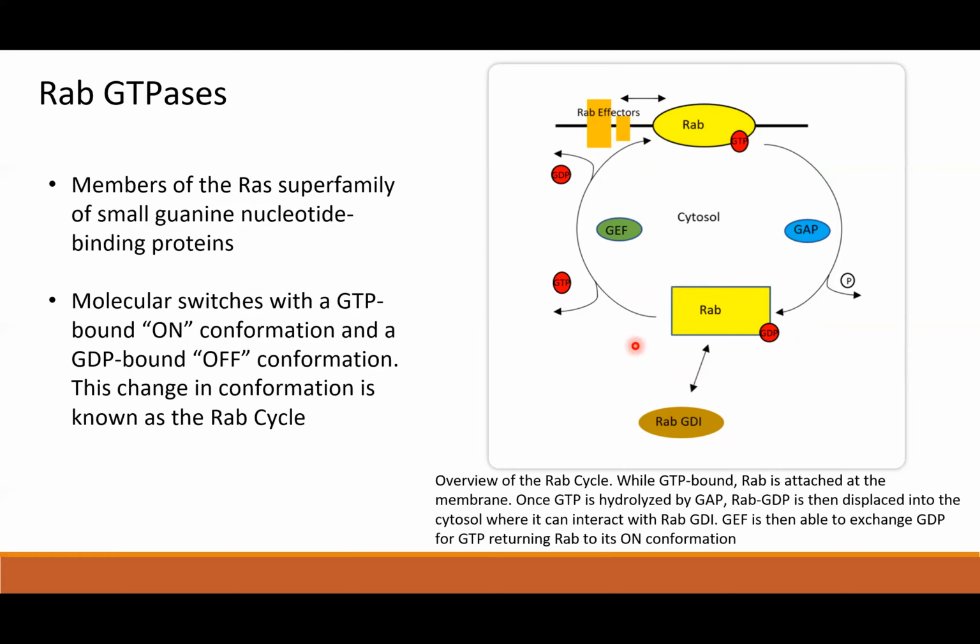That prevents Rab from prematurely binding GTP. When it is needed again, you have the guanine exchange factor, GEF, and that will come and replace GDP with GTP, thus returning Rab to its on conformation. This as a whole is what's called the Rab cycle.